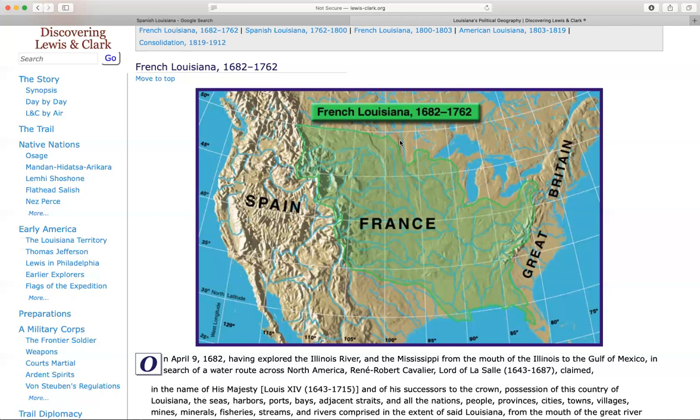But beginning with LaSalle, washing ashore in Matagorda Bay, we have about a 100-year period where the Spanish pay close attention to Texas when they feel like they're about to lose it to France. They're about to cede territory to France. The Spanish are super paranoid about the French next door.